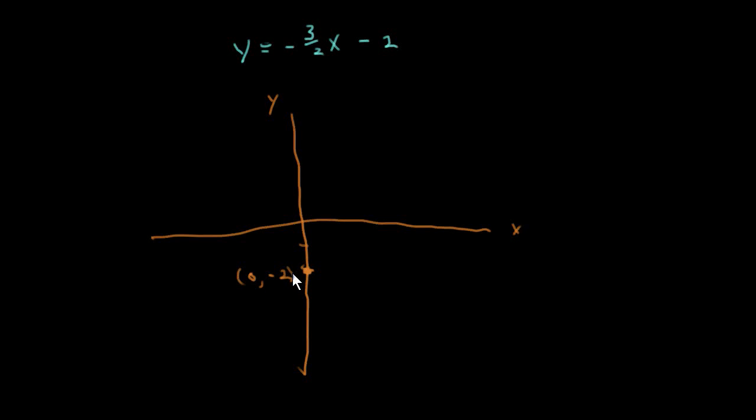And you might have another point, down 3 from there, and over 2 from there. You probably have another point out here, maybe exactly at 2, negative 5, right here. And you should have a dashed line going through those 2 points, and that is your boundary line.